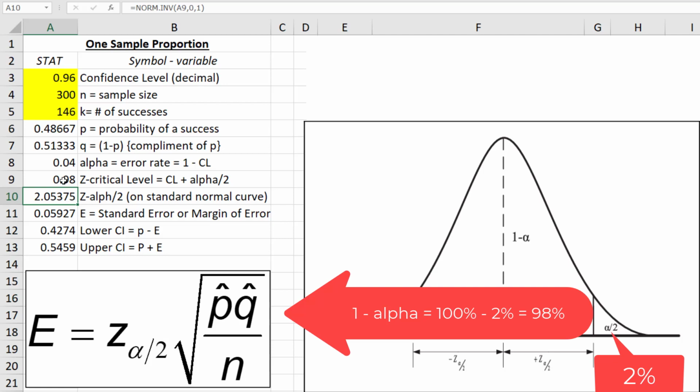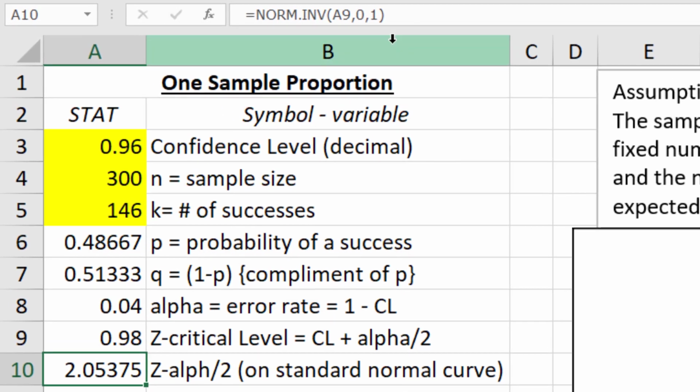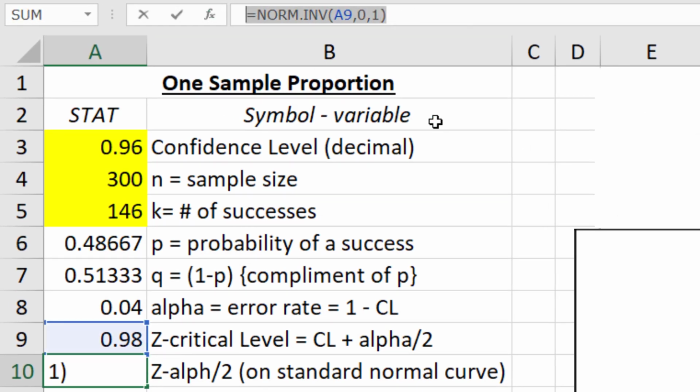that I can then use to solve backwards for my z-score, and that uses the NORM.INV function. So the equals NORM.INV function asks for 3 things. It says, give me the percentage of the distribution that is left of this critical value that you're trying to find, comma, give me the mean, comma, give me the standard deviation.